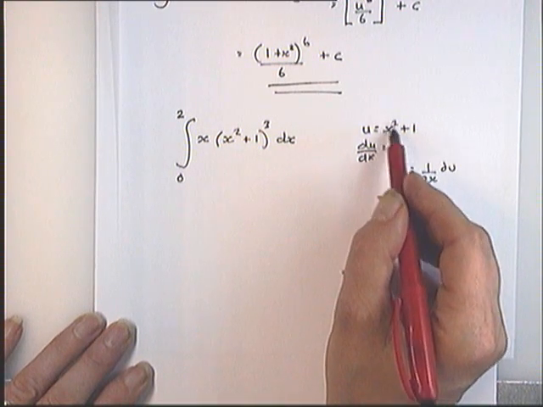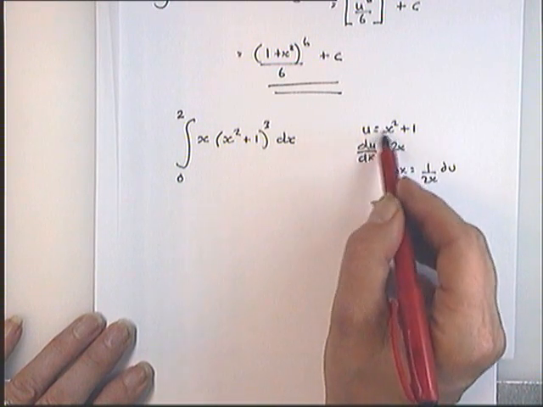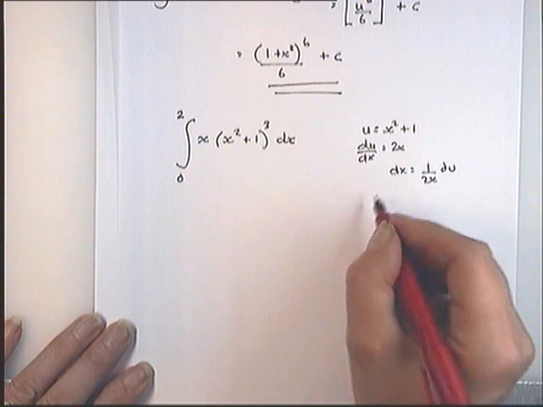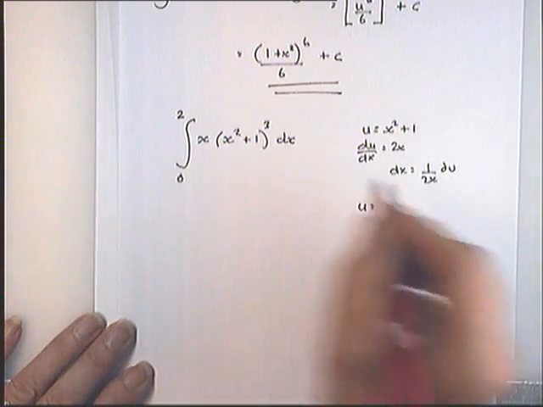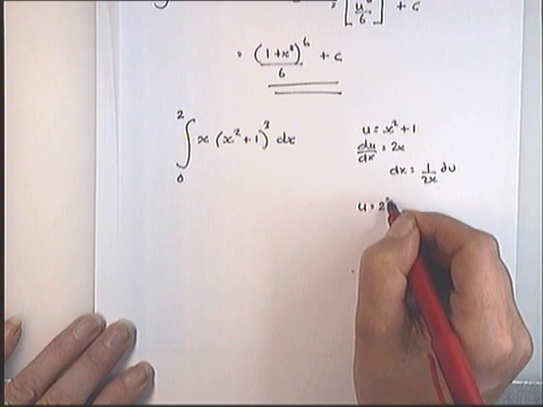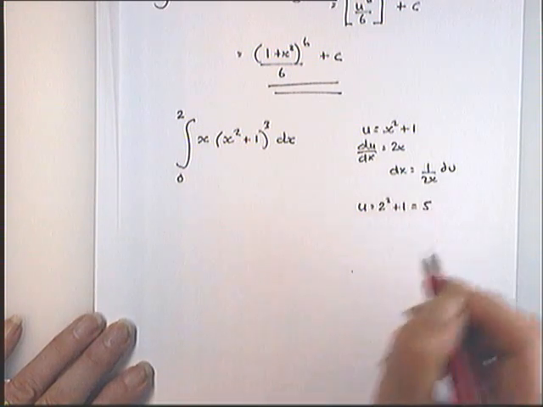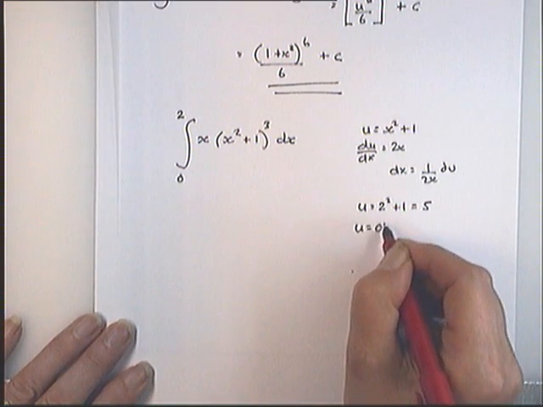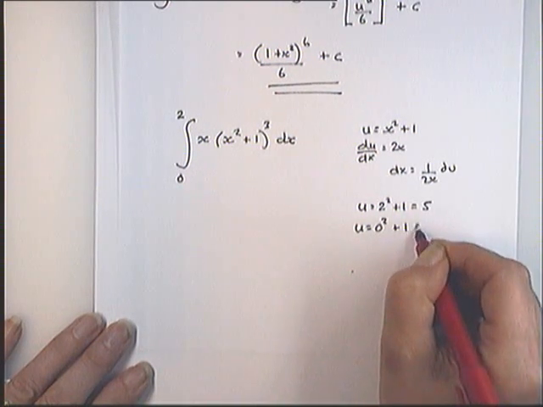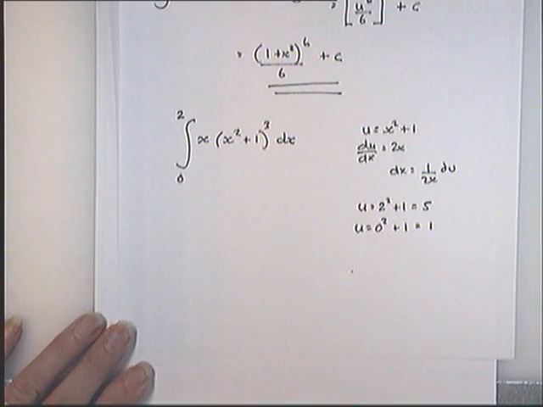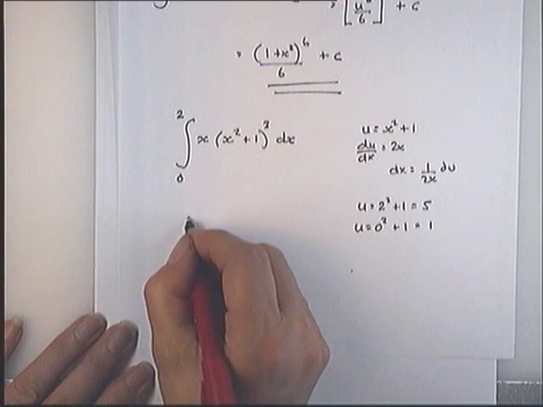So each of the x numbers is turned into a u number. u is 2 squared plus 1, which is 5, that's the upper limit, and u is 0 squared plus 1, which is 1, that's the lower limit. So now all I've got to do is substitute.